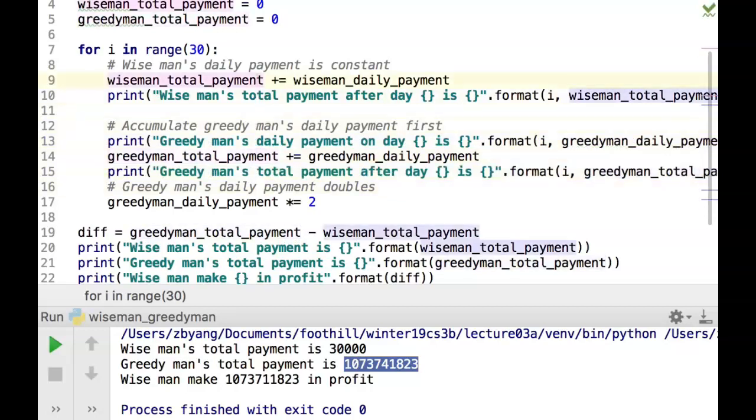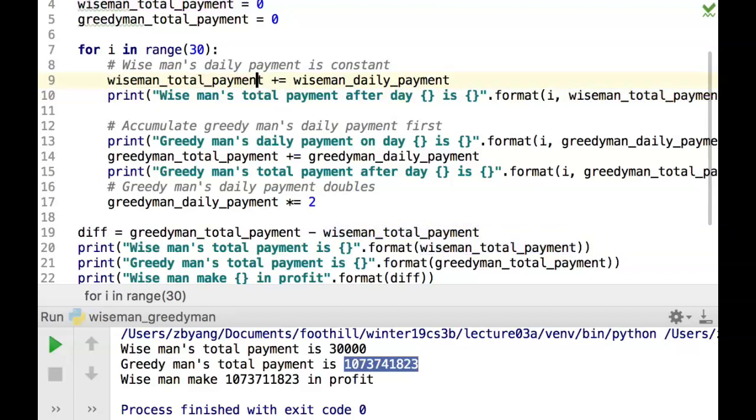We're doing this payment, we're accumulating payment, 30 times, right? So who knows, maybe something goes wrong in one of these days. So it would be useful to print out the total payment for every single day.